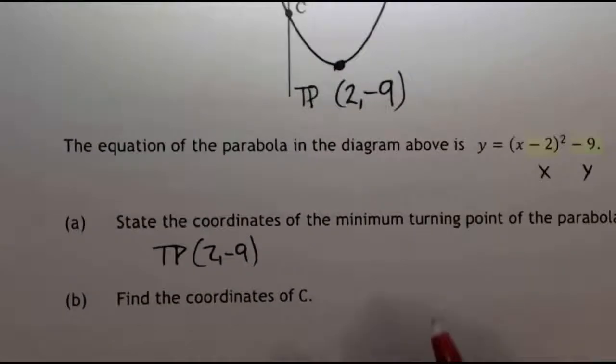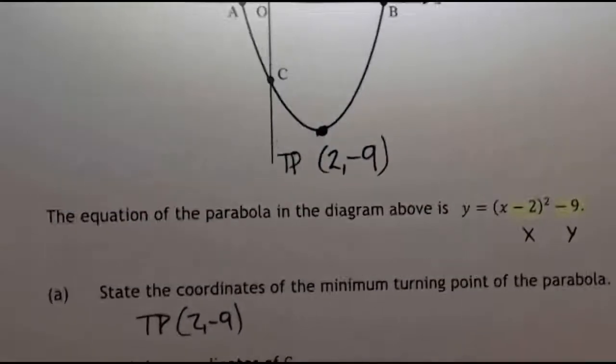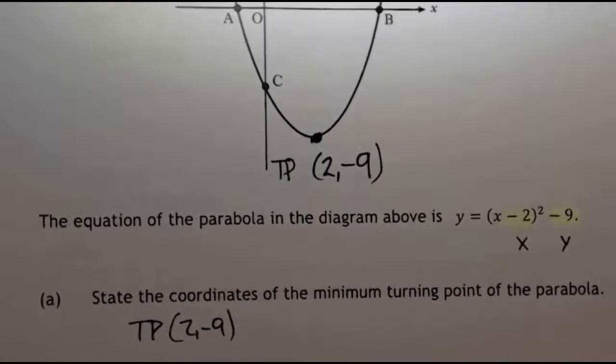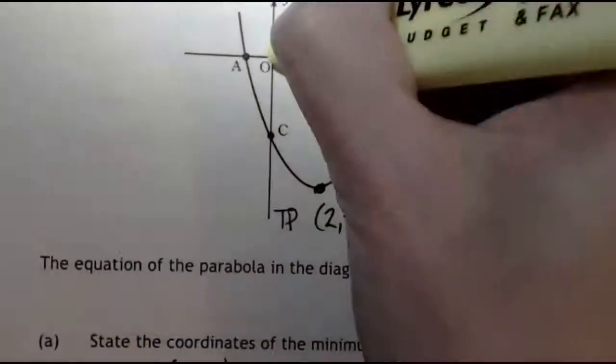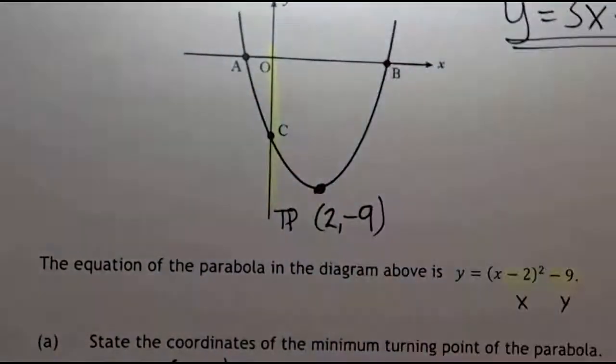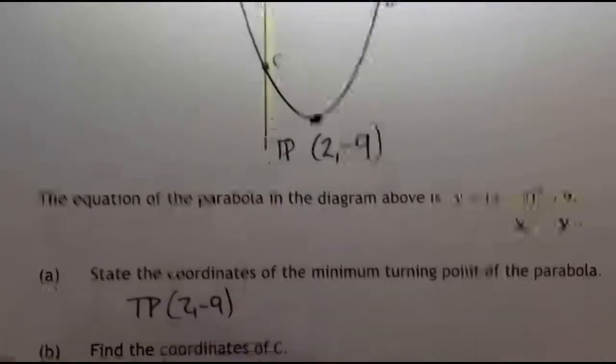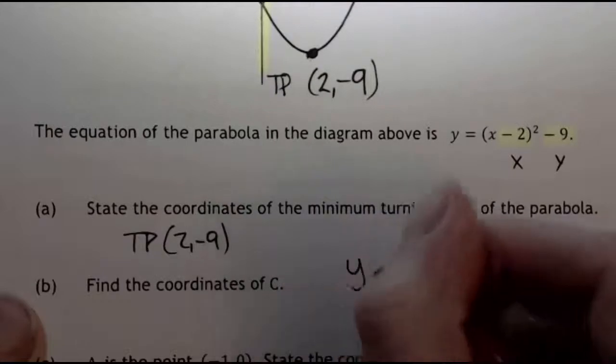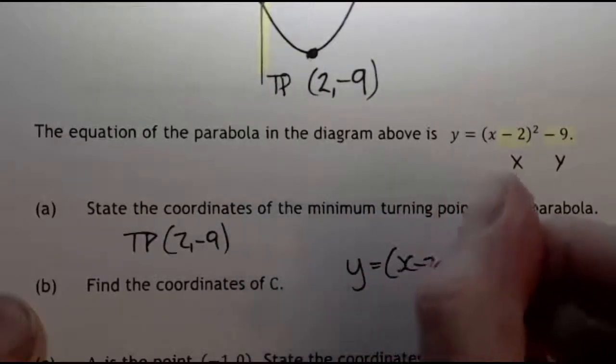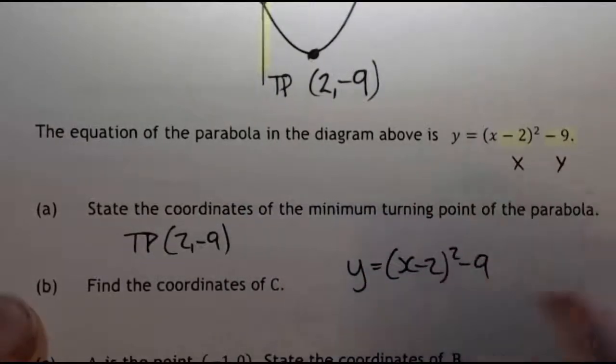Now if we want to find out the coordinate of c, remember c is cutting through the y-axis there. So remember, when it's cutting through the y-axis, x is always equal to 0. So if we look at this equation, y equals x minus 2 squared, take away 9.